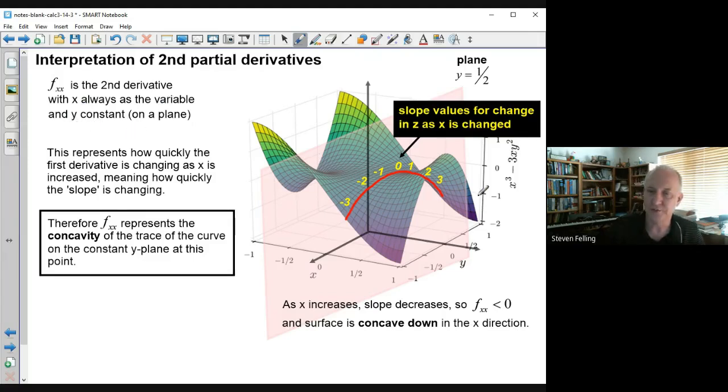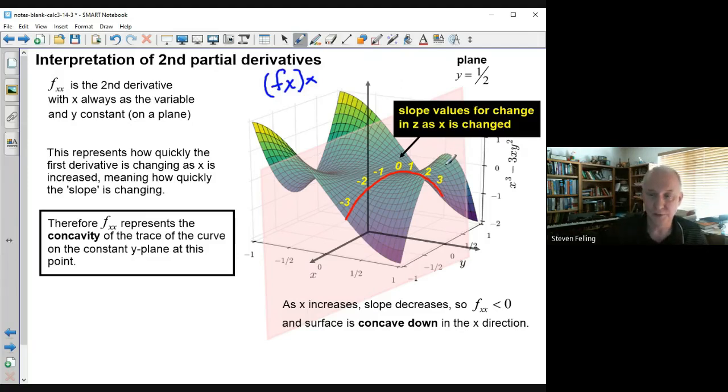So if you had some surface like this, and you took fx, right? And that would give you the slope as you changed in the y direction. So maybe you'd have like +3 as the slope. These yellow numbers are the slopes. So +3 here, +2, +1, 0, and the slope becomes negative. Then if I take the derivative again with respect to x, that means as I'm changing x here, how fast are the slopes changing?